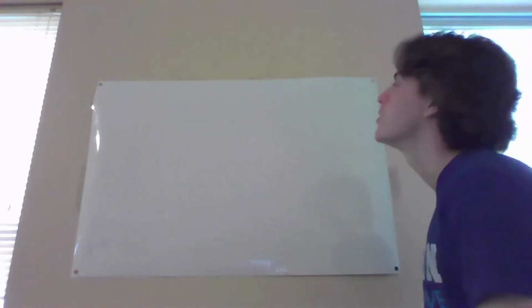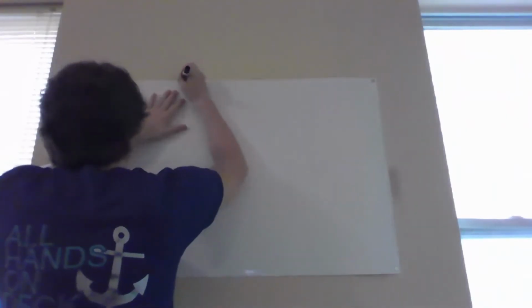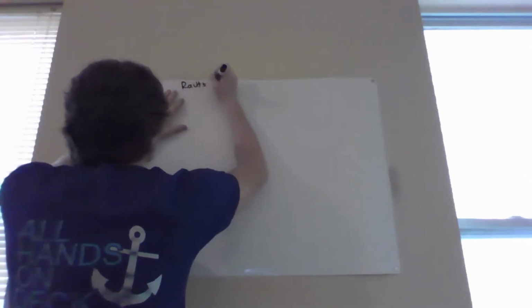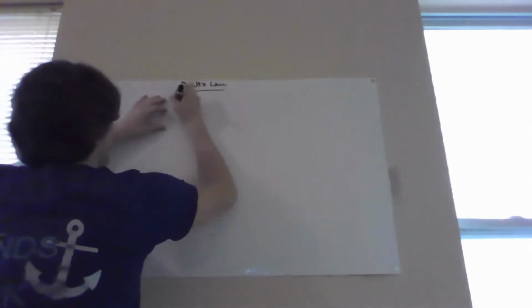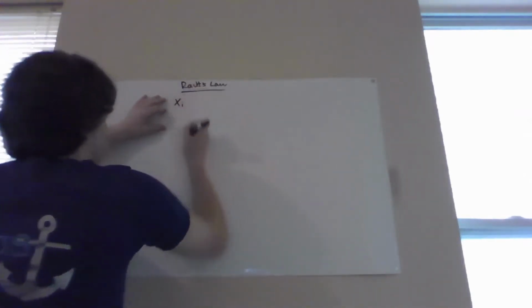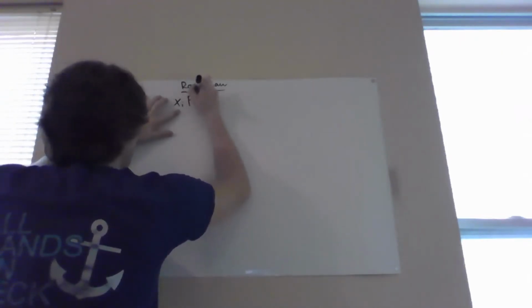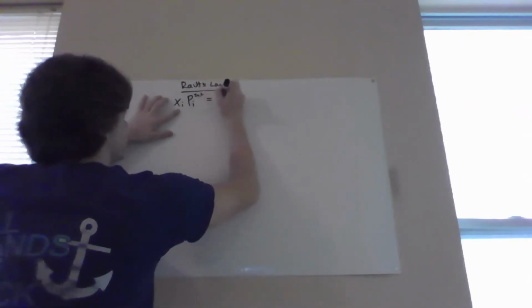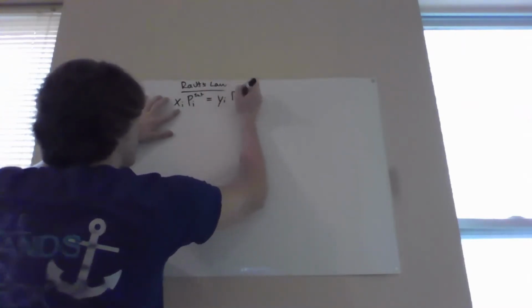pressure. So to start with these, we need to look at Raoult's law because we will be using it to derive these equations that we need. Raoult's law states that the liquid mole fraction of component I times the pure component saturation vapor pressure of component I is equal to the vapor fraction of component I times the total pressure of the container.